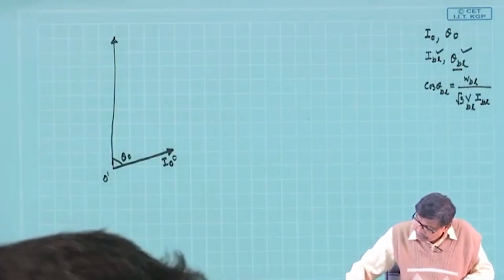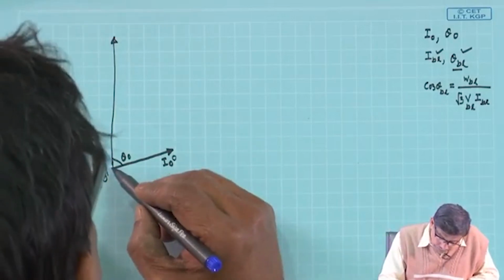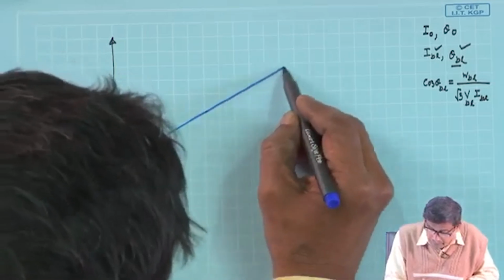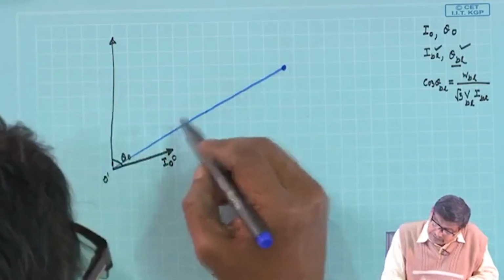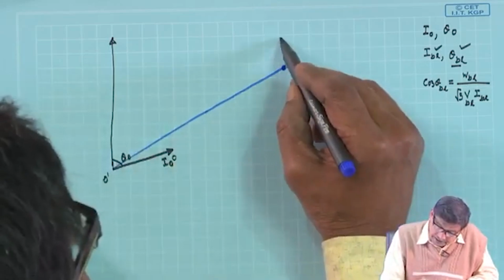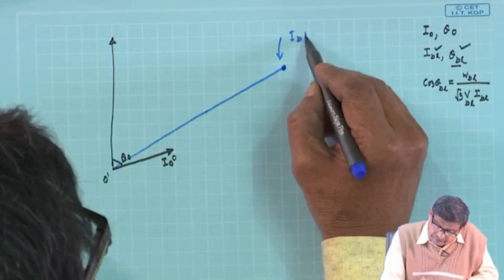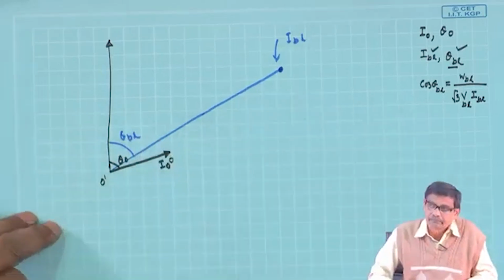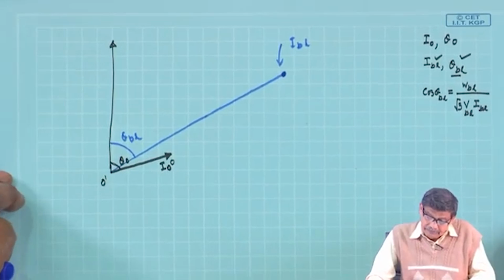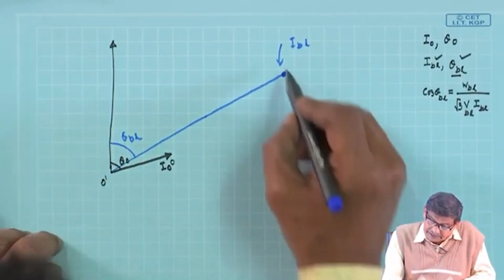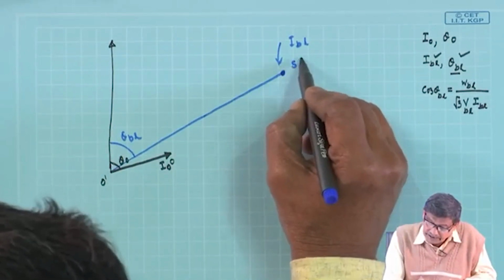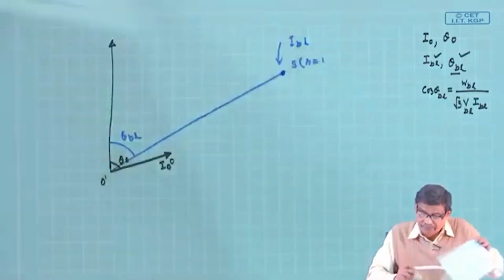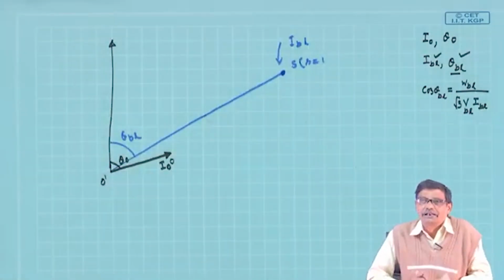Therefore, you draw a line and this is suppose IBL, and this angle is theta BL. And this is the point S equal to 1. Is it? No, not really.